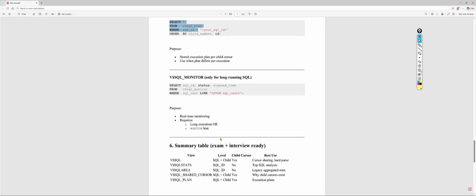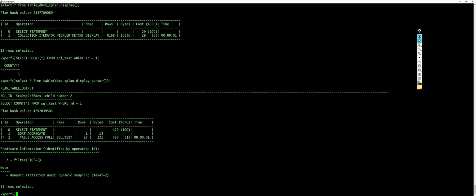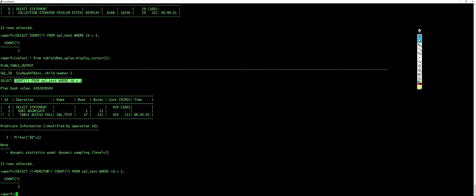Okay, and next comes V$SQL_MONITOR. Okay, so SQL monitor is a kind of monitoring view. We need to use the monitor hint whenever we need to monitor any SQL using this view. So I'm just using the monitor hint and executing the query.